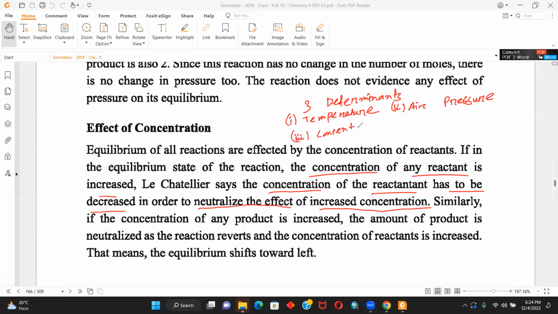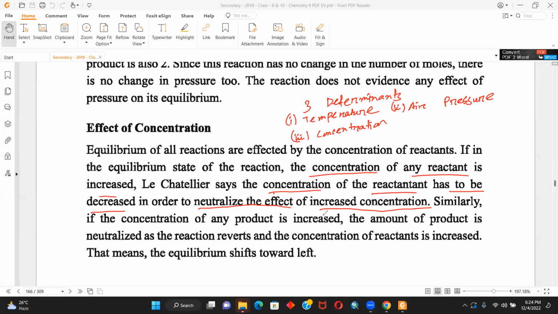Okay, all right. So this is the easiest. Why do I say that? As they are saying, if you increase the concentration of the reactant, it has to neutralize its effect. I mean, you have to decrease the concentration of the reactant. How can you do that?